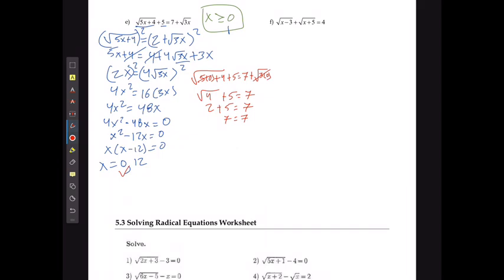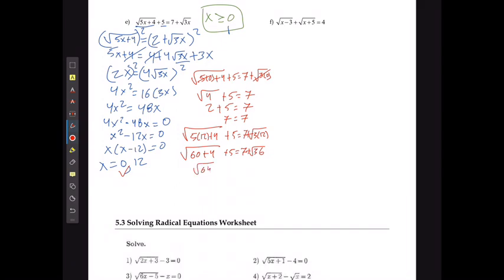I'm going to check the second case. The square root of 5 times 12 plus 4 plus 5 is equal to 7 plus the square root of 3 times 12. The square root of 60 plus 4 plus 5 is equal to 7 plus the square root of 36.